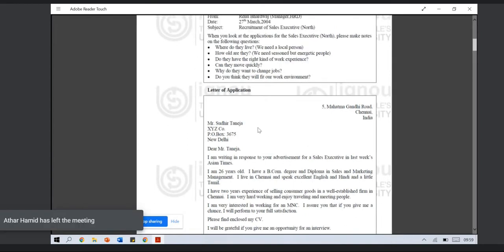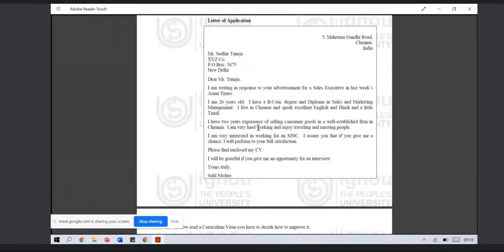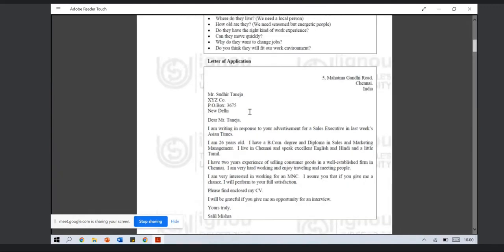Or you can apply online, submitting your resume and writing an email on the same, or you can directly apply through that company's internal website. You can write an application there if they have provided one and upload your resume. These are the different ways of applying for a job.